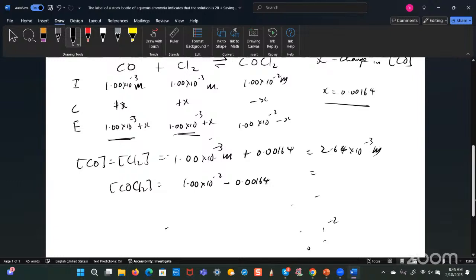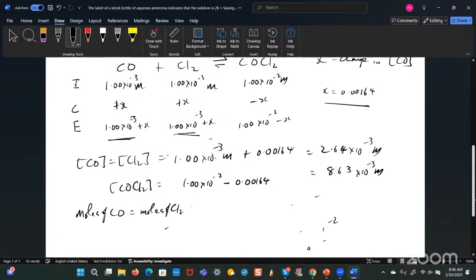And then as far as the next line below, this gives 8.63 times 10 to the minus 3 M. So the question is asking for the number of moles of CO, which would be the same thing as the moles of Cl2.